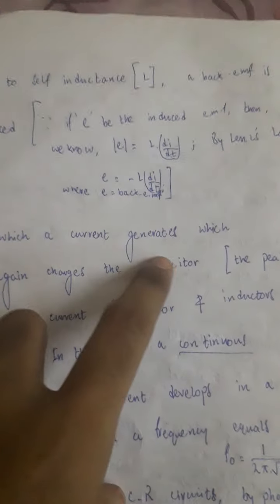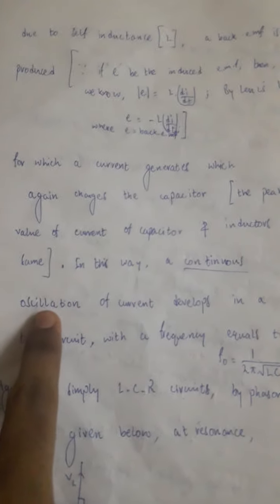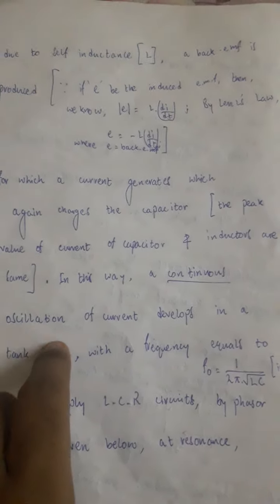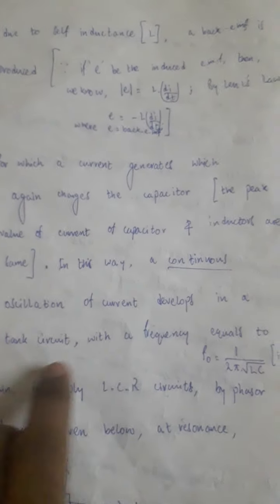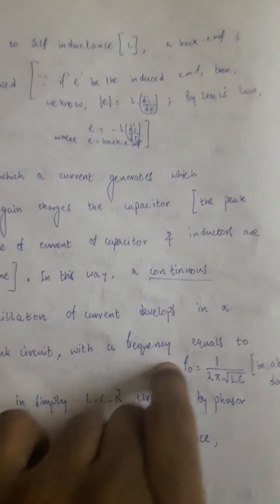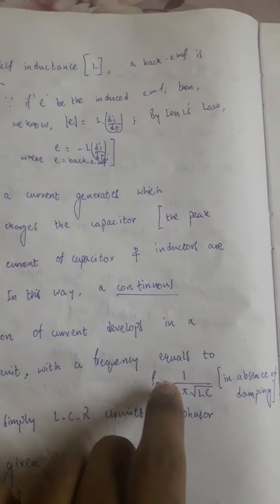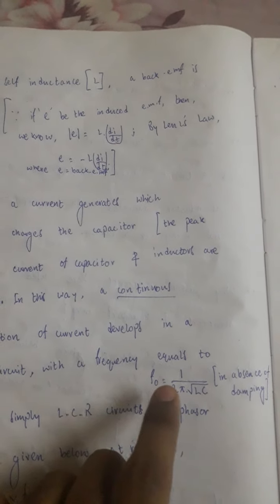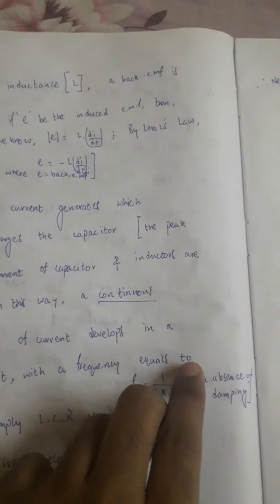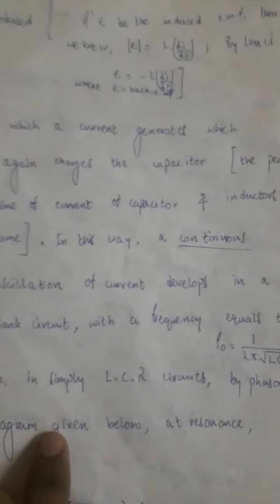In this way a continuous oscillation of current develops in a tank circuit with a frequency f naught equal to 1 by 2 pi into 1 by root under LC, in the absence of damping.